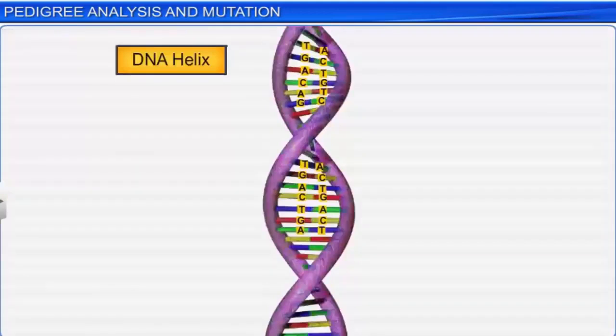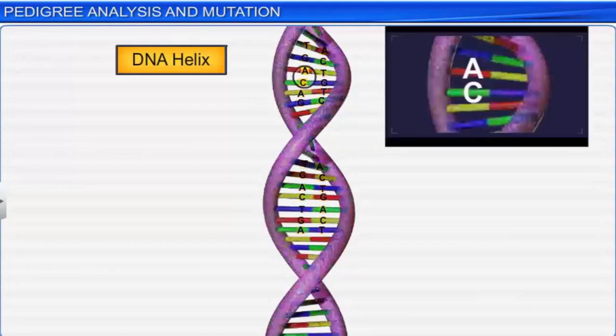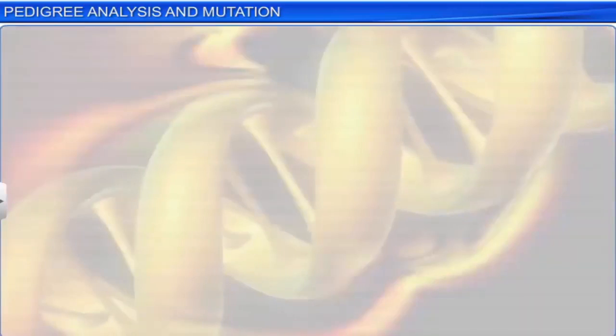However, on rare occasions, such as recombination and mutation, changes or alterations do occur in the genetic material, which alter the chromosome. Mutation in genetic material leads to changes in the genotype and phenotype of an organism.